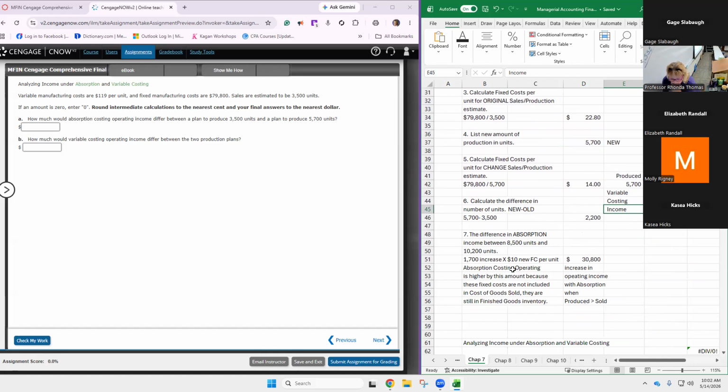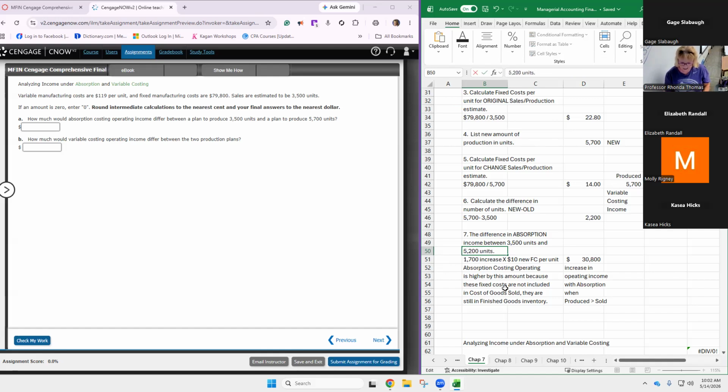Here's why. So now they're asking, what is the difference? How would absorption costing operating income differ between a plan to produce 3,500 units and a plan to produce 5,700 units? So here's why you get your answer. The difference in absorption income between 3,500 units being produced and 5,700 units.